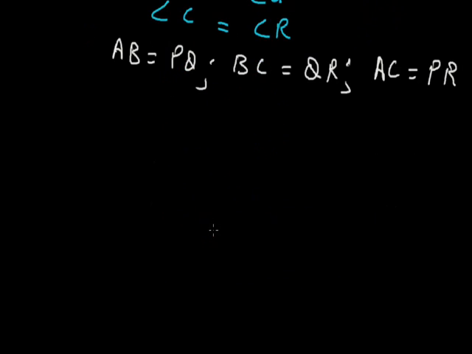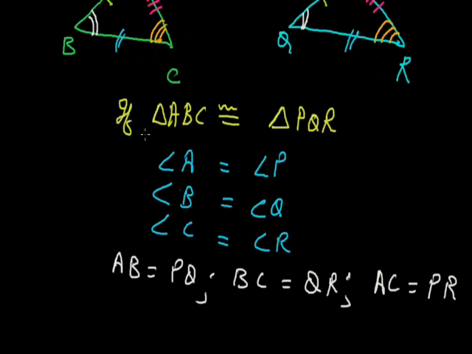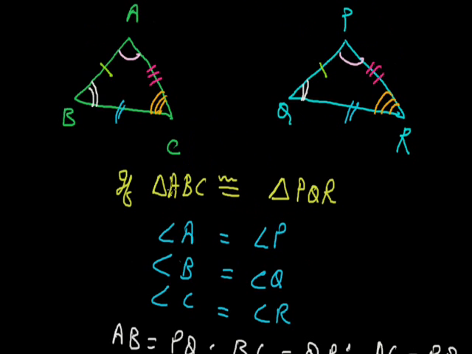Now, a very important point to be remembered is that while writing the names of the triangles, there should be one-to-one correspondence. That is, when we have written angle A is equal to angle P, then while naming them, the place of A and P must be the same.